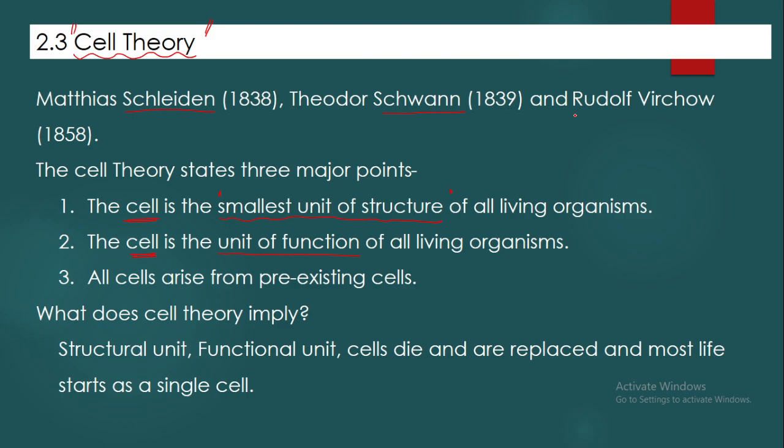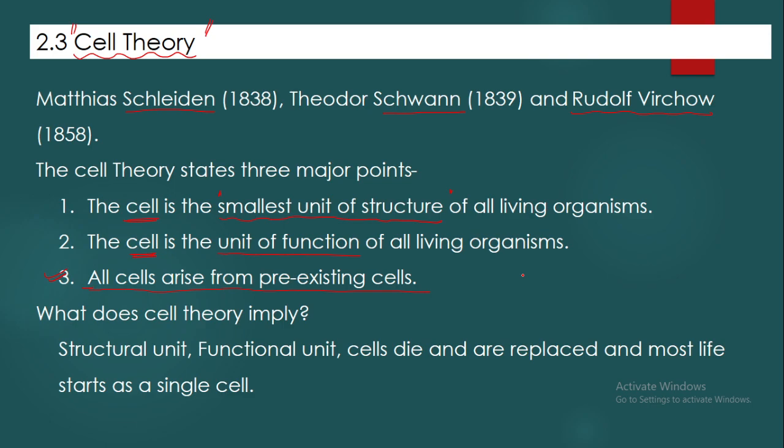Later, Rudolf Virchow, another scientist, proposed an addition to this cell theory, which states that all cells arise from pre-existing cells. For example, you are a very inquisitive person, looking under the microscope at different types of samples, and suddenly you find one cell that has two eyes and two horns.